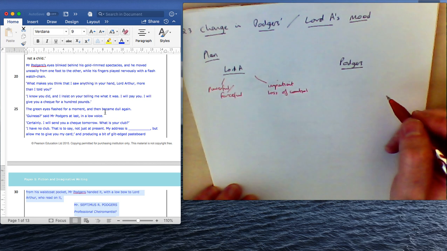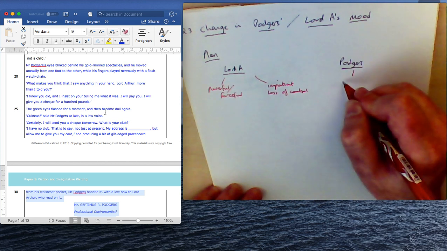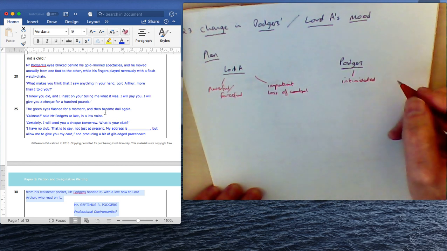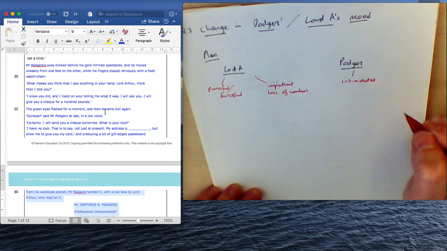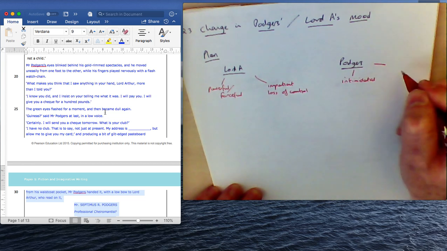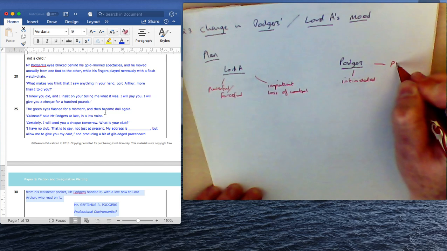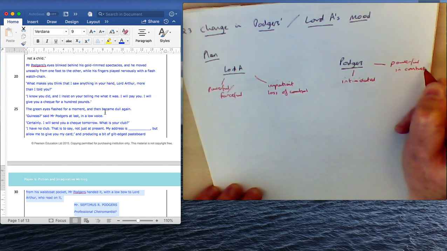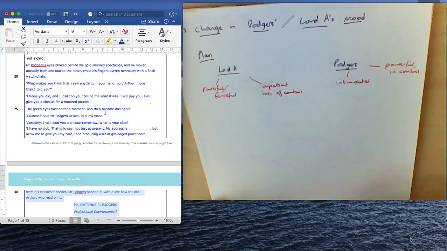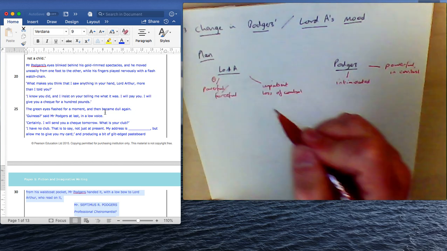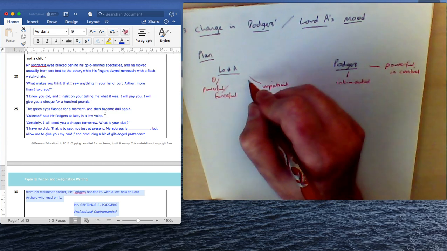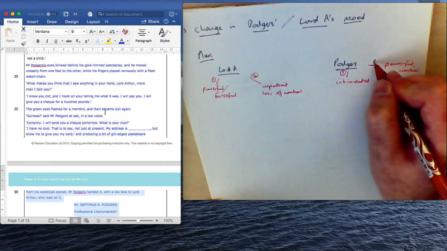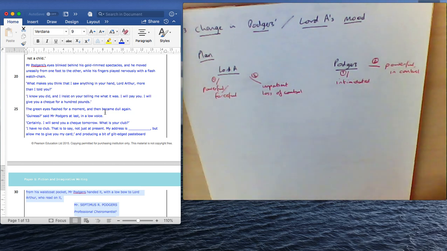When it comes to Podgers, however, at the beginning he seems to be intimidated by Lord Arthur bossing him about, whereas towards the end he's more powerful and more in control. So those are the structural points I want to make: Lord Arthur starts off as powerful and then becomes impatient. Podgers starts off as intimidated and becomes more powerful and in control.